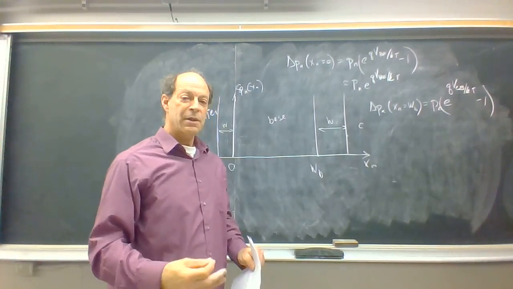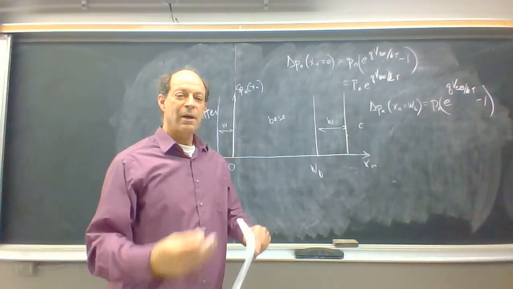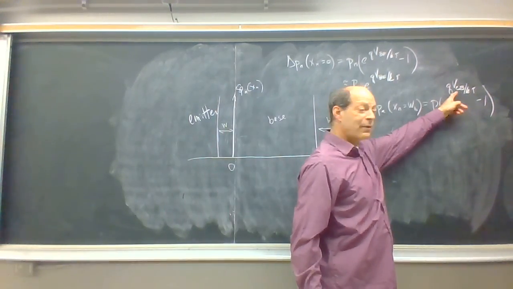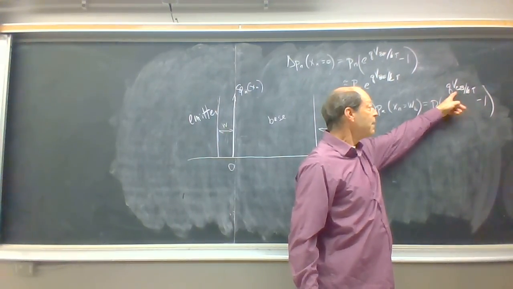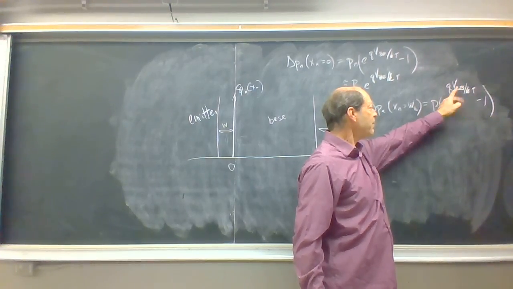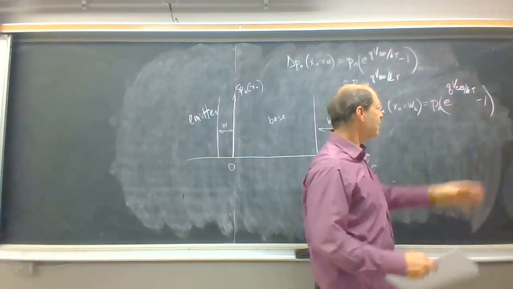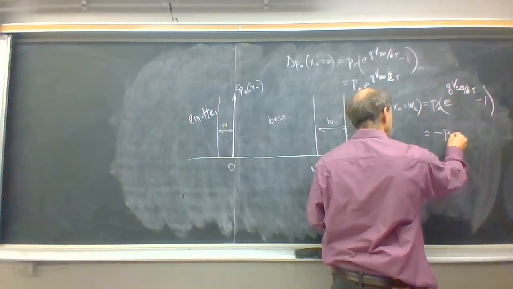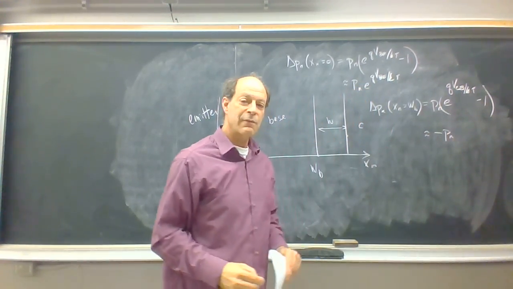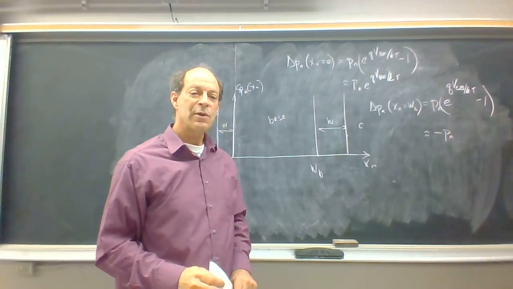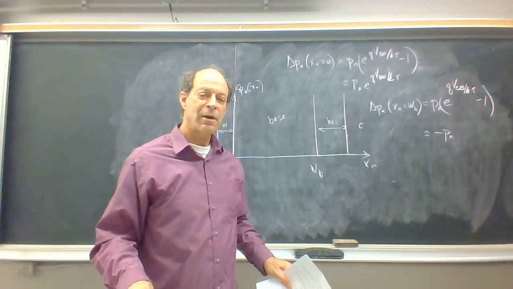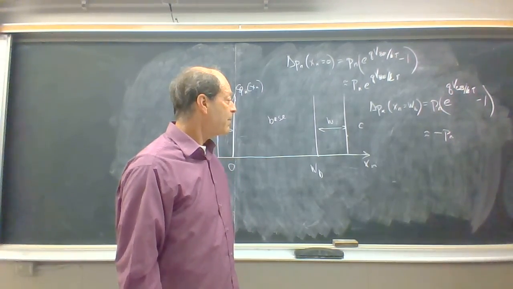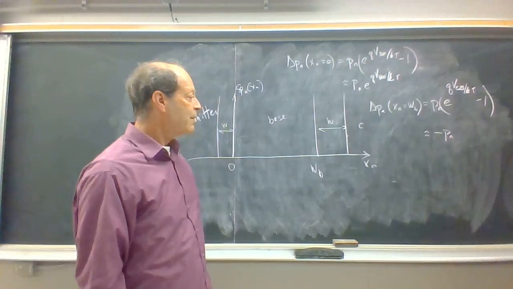Now remember that that junction is reverse biased, and that reverse bias means that this is a relatively large negative number, and we're going to therefore assume that this term is essentially 0. So this is approximately equal to minus P sub n. In other words, it's very, very small, because P sub n is the equilibrium minority carrier concentration in the base.